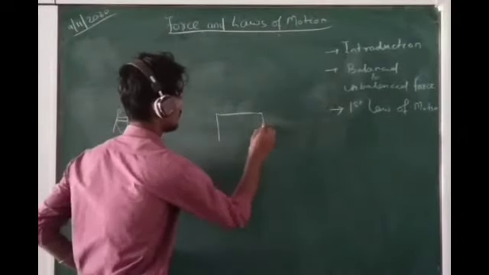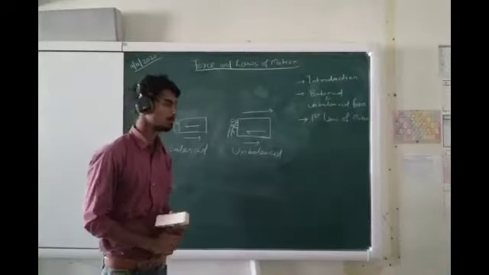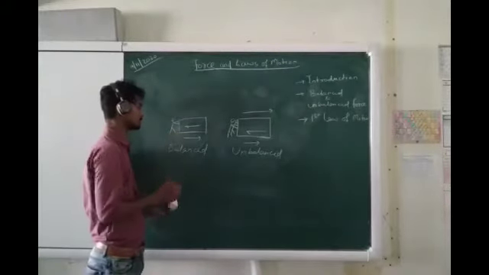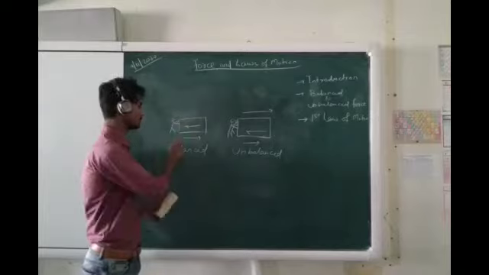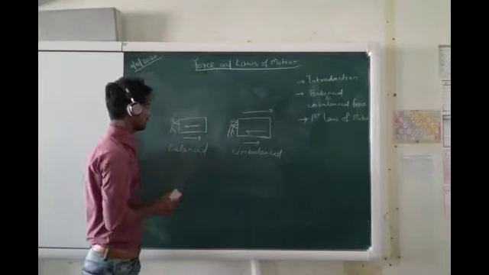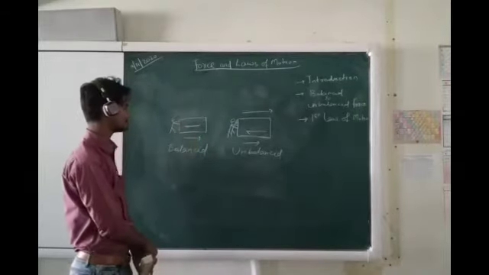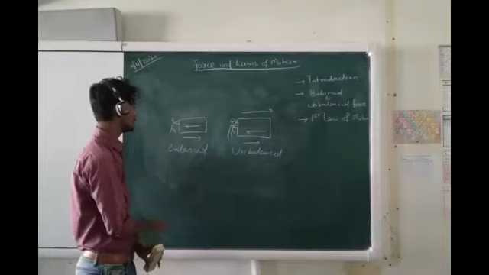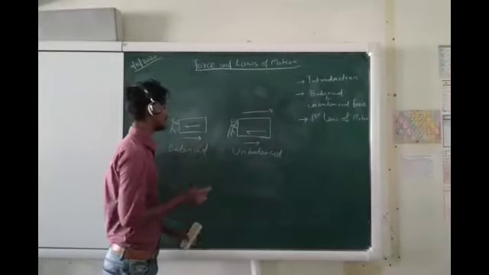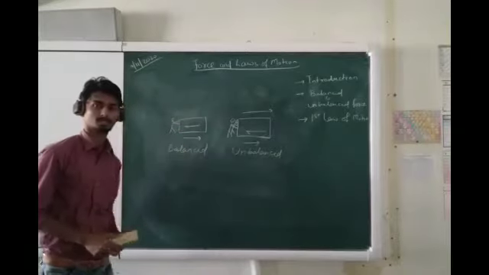Now you and your friend both, see, in the first case what you did, you pushed the wooden block, but you could not make the wooden block come into motion from rest, because of the frictional force in the opposite direction.